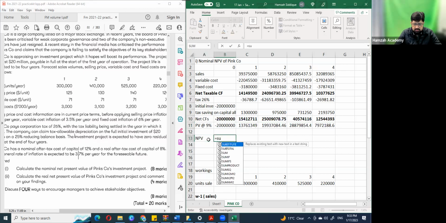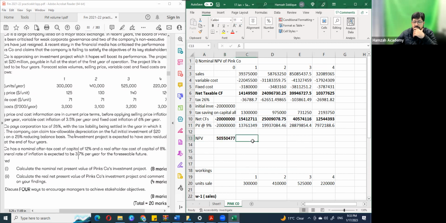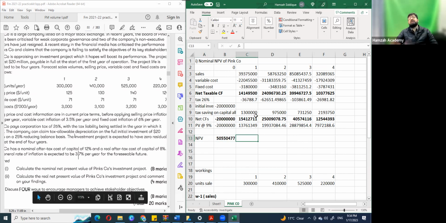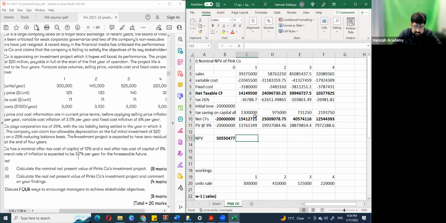NPV. Sum. Here we are. NPV. The first part, 8 marks is it. Any point you want me to re-explain, any adjustment, I am here.